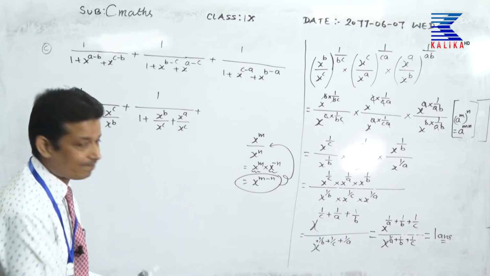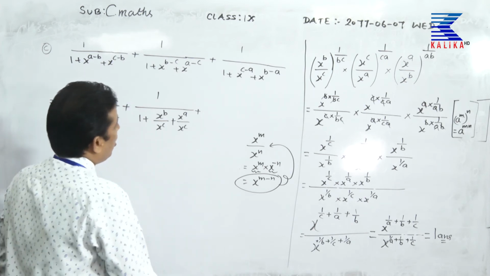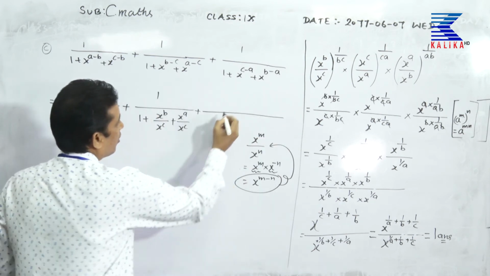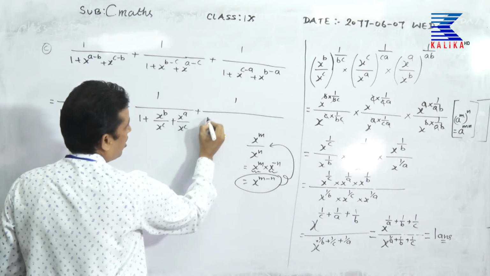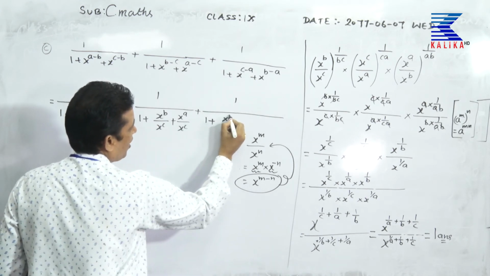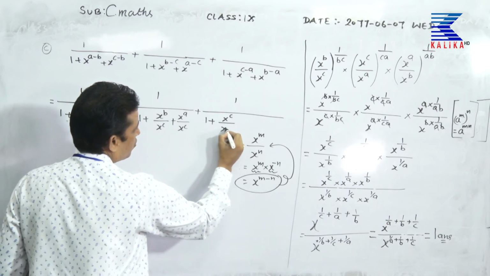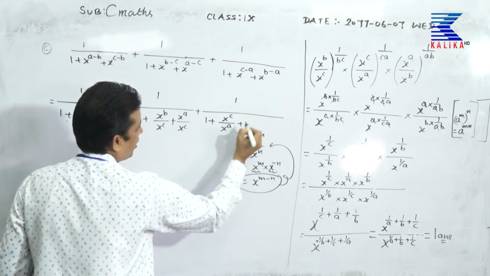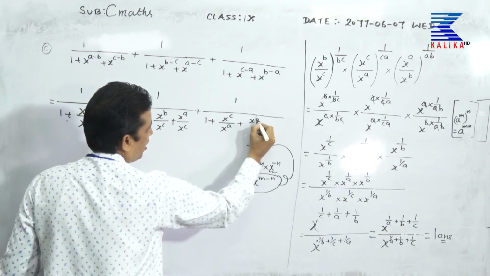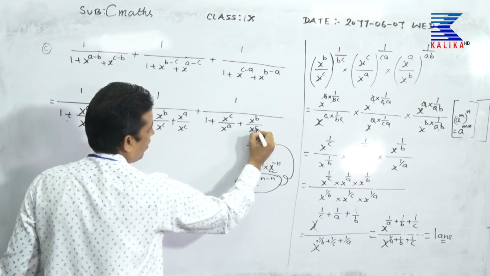Next, this one: 1 over 1 plus x to the power c minus a means x to the power c over x to the power a, plus x to the power b minus a means x to the power b over x to the power a.